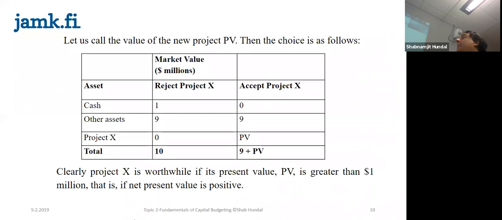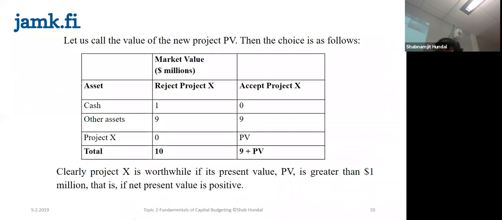So you can see that if a company has cash in the bank of 1 million, and other assets of 9 million, it means the company's total book value is 10 million. The company is considering buying a new machine for 1 million.